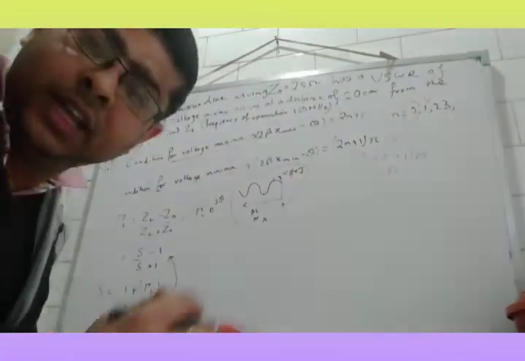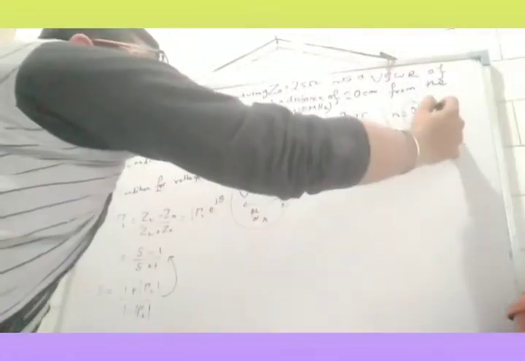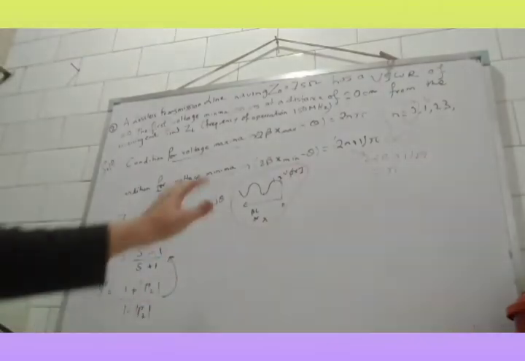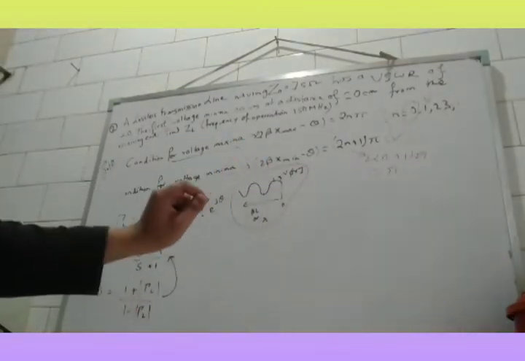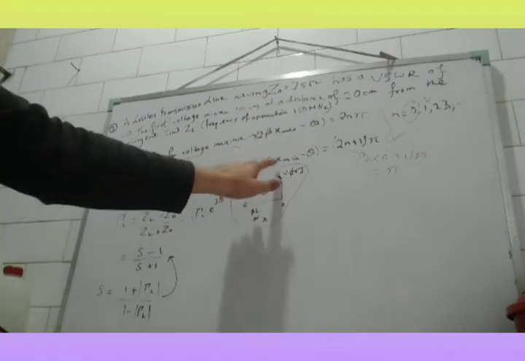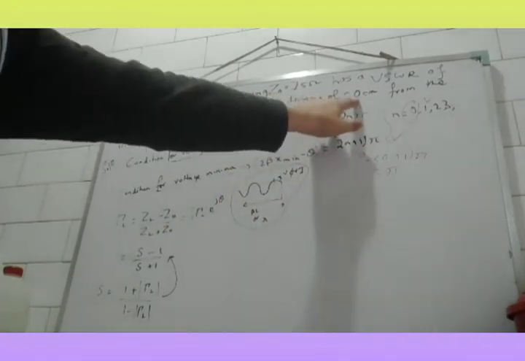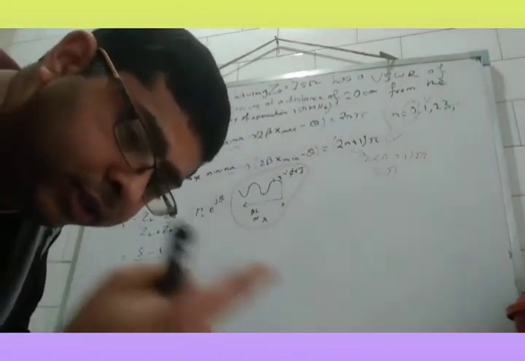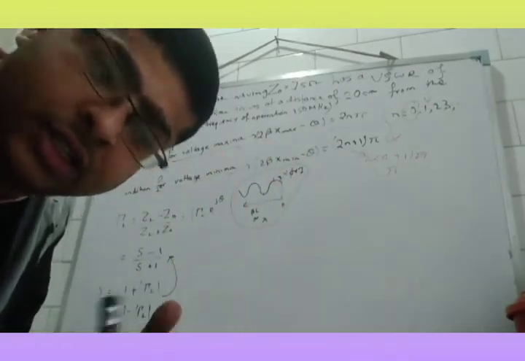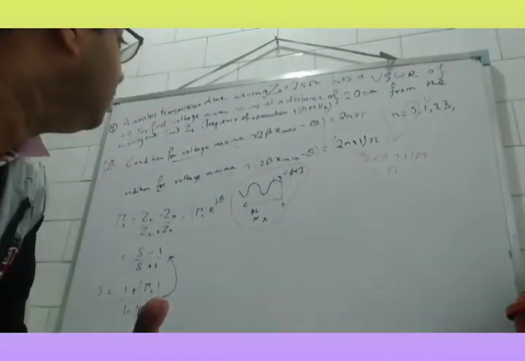Like that, for the third voltage minima, n is 2. Fine. Beta is not given, we need to calculate it. X min is given, it is 20 centimeter. And theta we need to calculate. I told you it is the angle associated with the reflection coefficient, so you need to calculate the reflection coefficient first, then you get this theta.